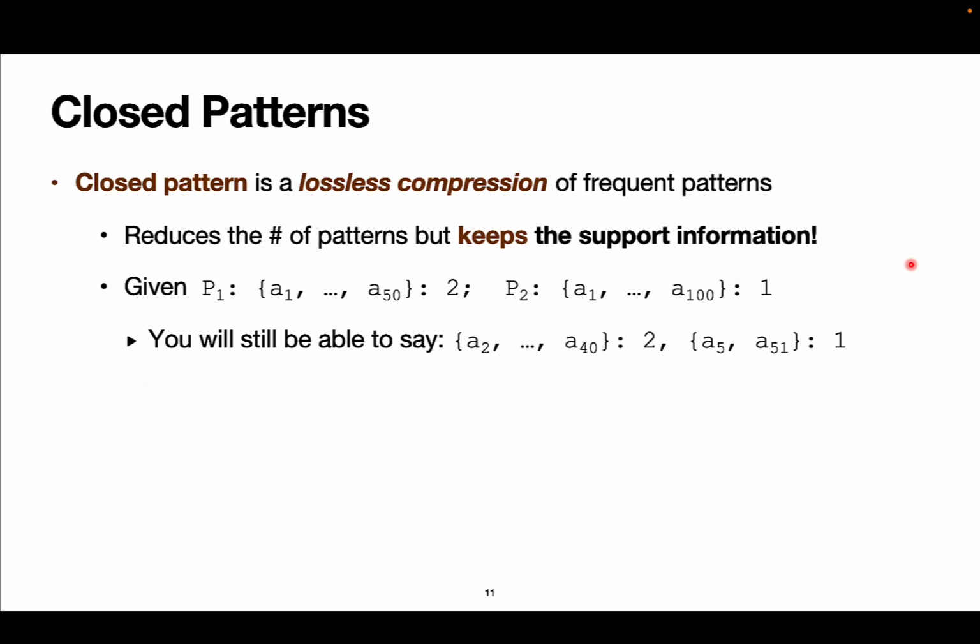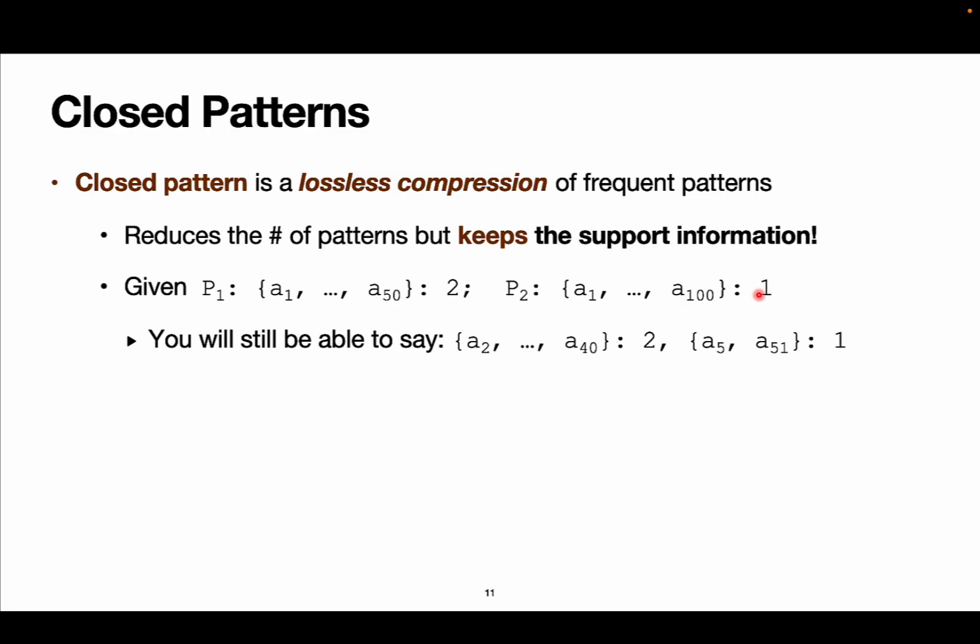A very important property of a closed pattern is that it's a lossless compression, which means it's going to reduce the number of patterns without losing the support information. So in our very first example with so many frequent patterns, we were able to get two closed patterns: one from A1 to A50 with support 2 and A1 to A100 with support 1.